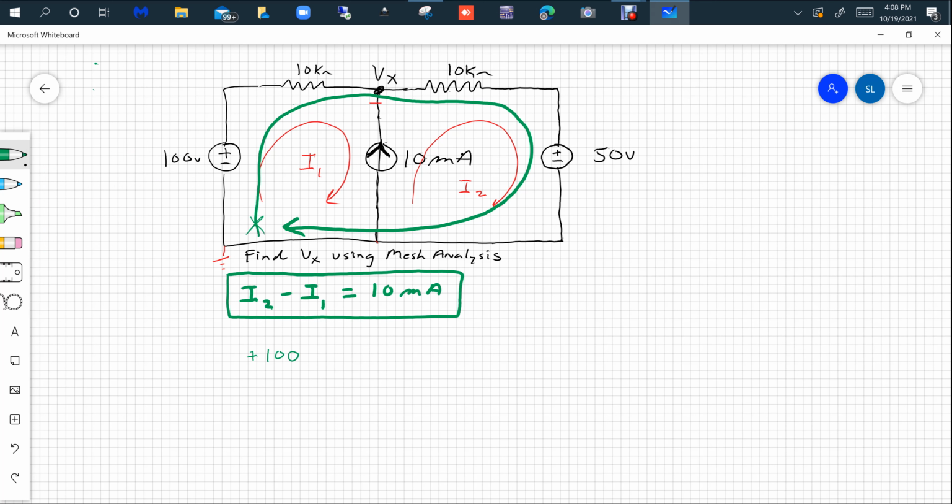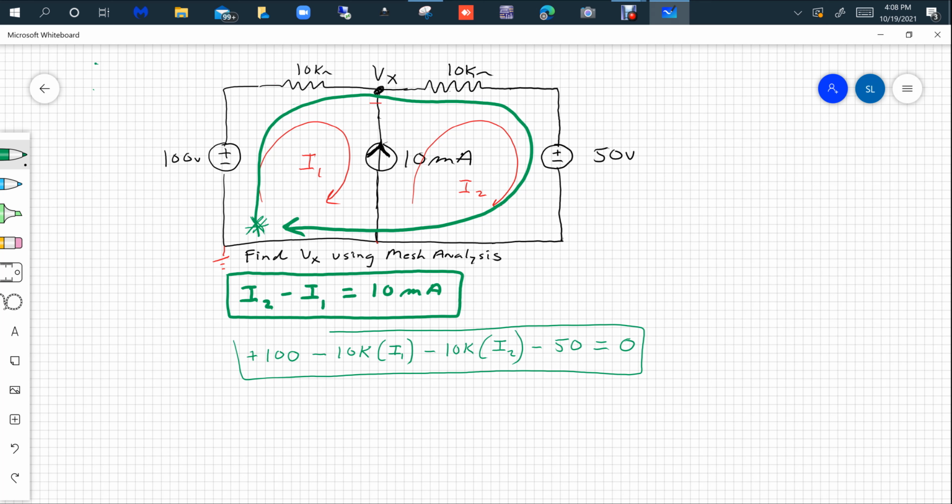Starting here in the bottom left corner and going around, I have a minus 10K times I1, and a minus 10K times I2, and a minus 50, and that equals 0.